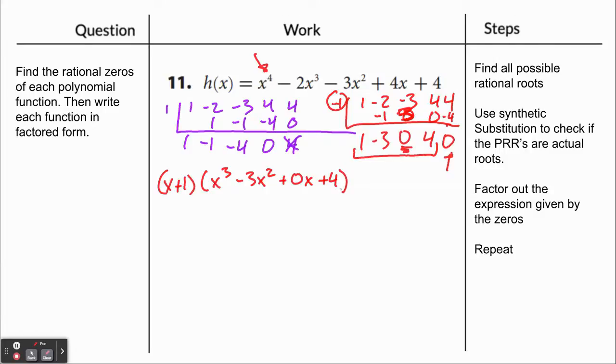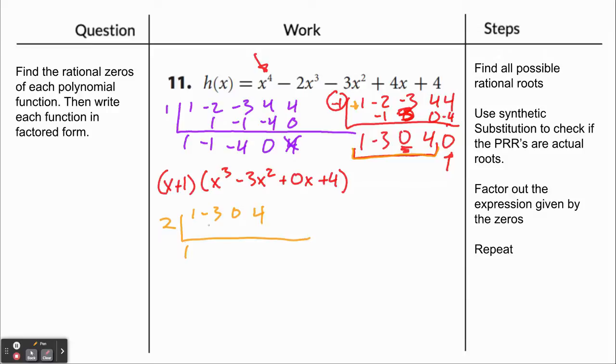Now, when I continue going through my possible rational roots, I'm going to start with positive 2, but I'm going to use the remaining string of numbers here. So my synthetic substitution is 1, negative 3, 0, and 4 instead of the longer string that I started with, because I factored out x plus 1.